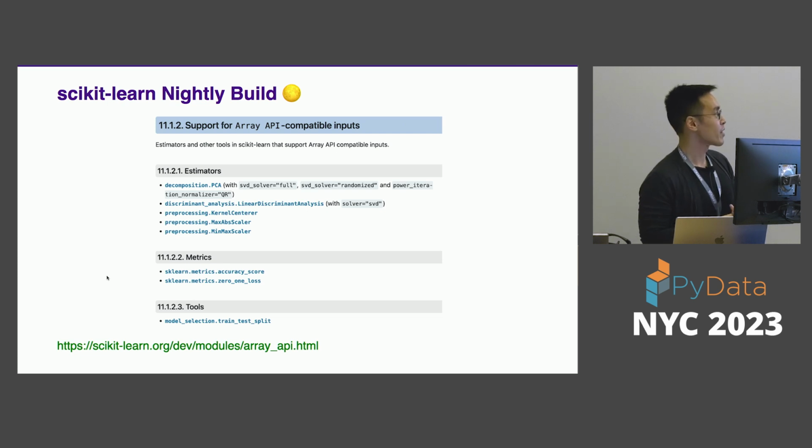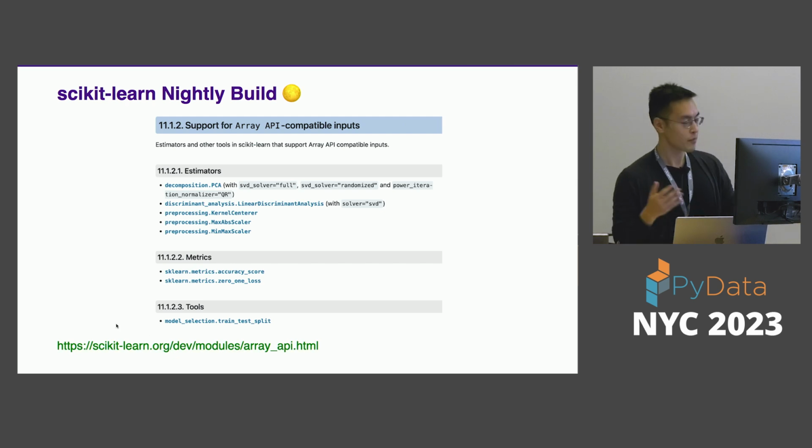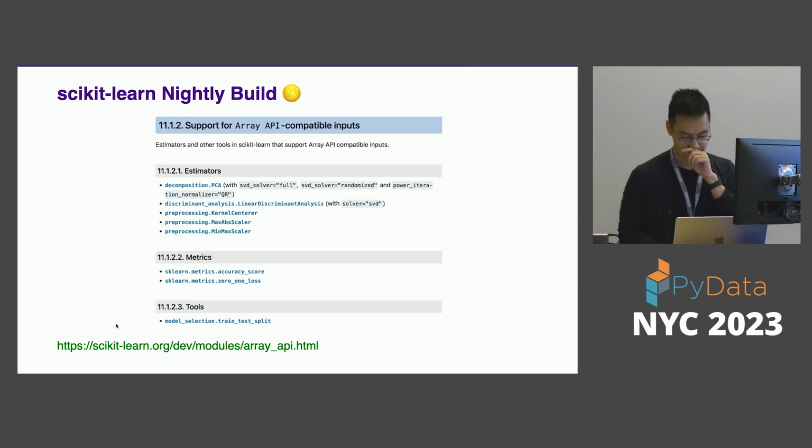It's slowly growing, and we have community members who enabled PyTorch support for MPS. If you have a Mac machine, you now have MPS devices, and it's getting there. You can look at the documentation at the bottom to see the list of all the things that support it. So that's the Scikit-learn API.